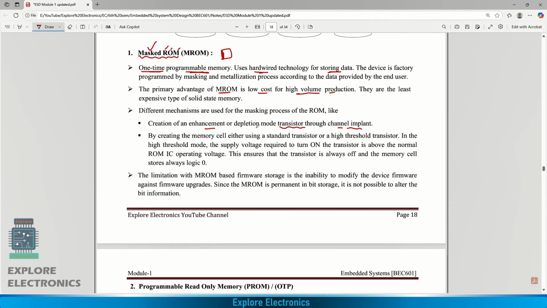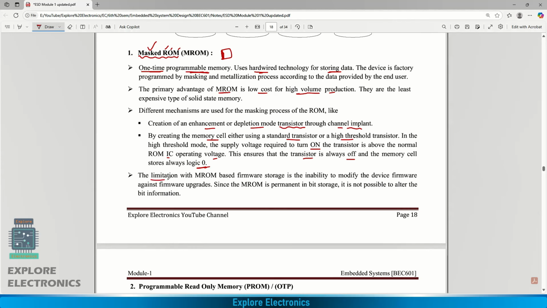Memory cells are created either using a standard transistor or a high threshold transistor, and they are used with a supply voltage to turn on the transistor above the normal ROM IC operating voltage. This ensures the transistor is always off and the memory cell stores logic 0, and when it is on, it stores logic 1.